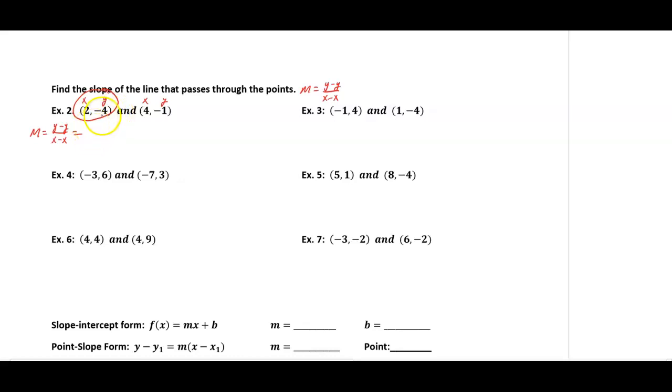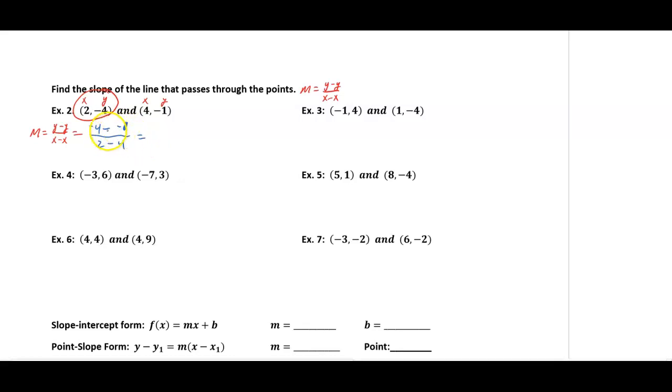So I'm going to go ahead and start with the ordered pair, 2, negative 4. So right away in my numerator, y is negative 4 minus my other y value is negative 1 over, right? Now, since I started with negative 4 with the y's, I must start with the 2. So 2 minus 4. Now, I like to do what we call bling bling.